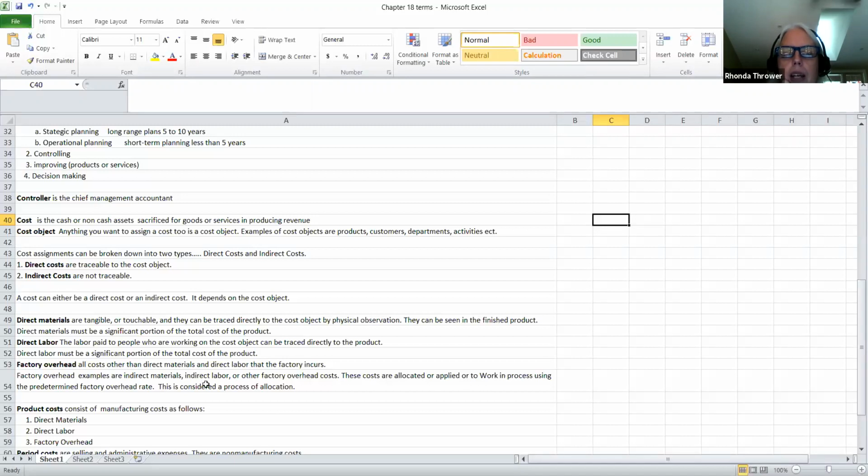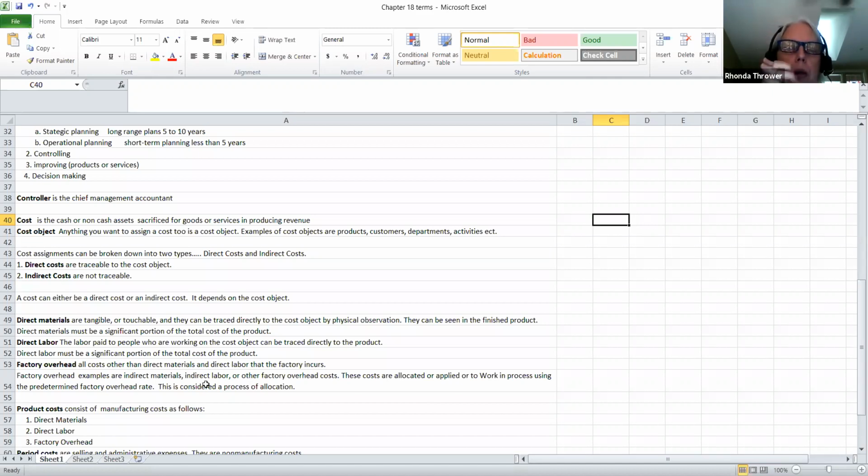Your indirect labor is the labor that you would pay to people who are not working on the product itself and trying to convert the materials in the product to finished goods. Indirect labor would be the labor that we would pay, for example, to maintain the factory building.